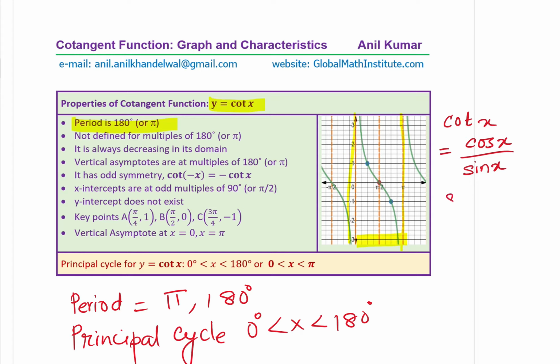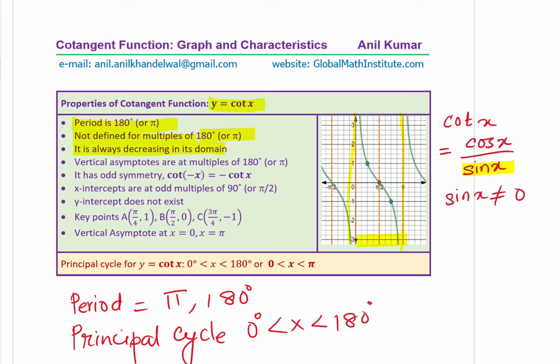So we know that sine x cannot be equal to 0. So at 0 and at pi, sine x is 0. So therefore, it is out of domain. So we say that the function is not defined for the multiples of pi or 180 degrees, because at that point sine x is 0.